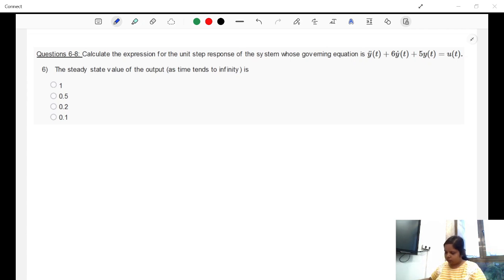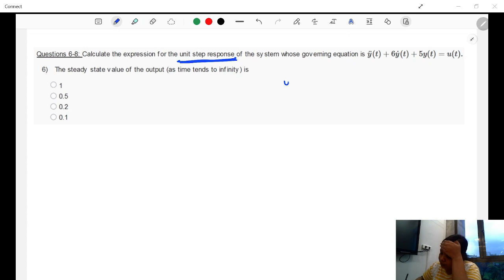Okay, so we'll start with the next question. We want the unit step response. So what do we understand by unit step?